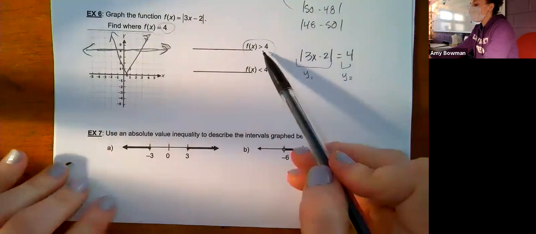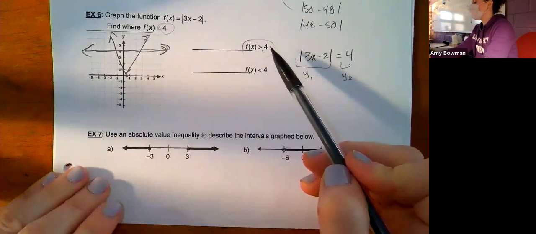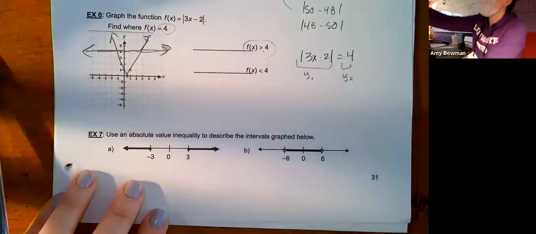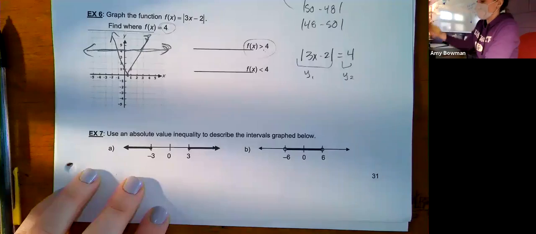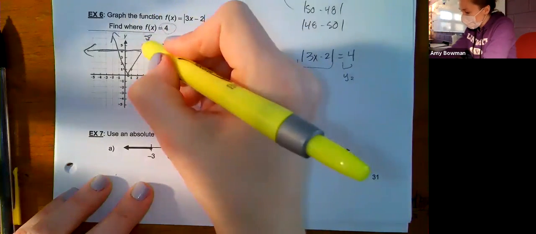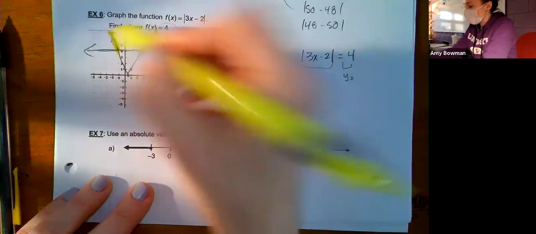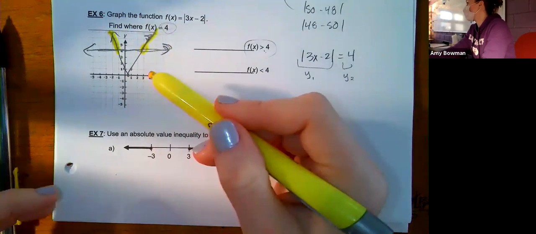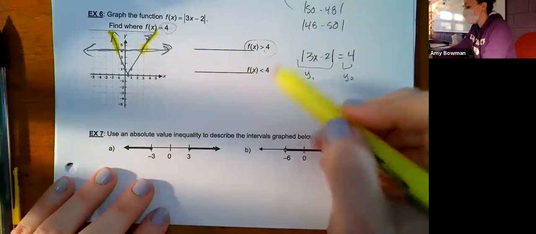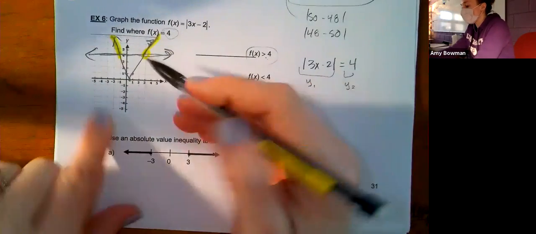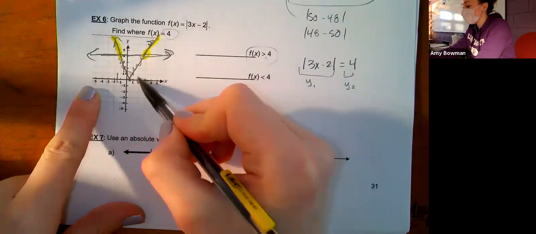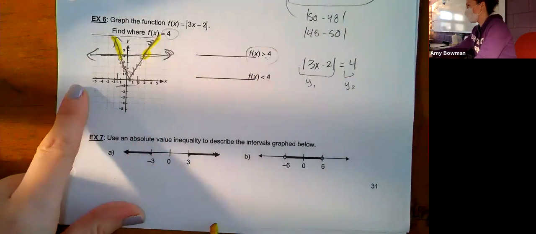If I want to know where my function is greater than 4, you're literally looking at when those y values are greater than 4. Like in this case, the absolute value is greater than 4 there. So you figure out which x values that's happening for. If I was asking for when it was less than 4, you're looking for when those y values are less than 4, and your solution would be that x interval where that's happening.